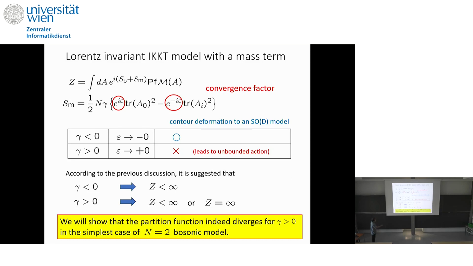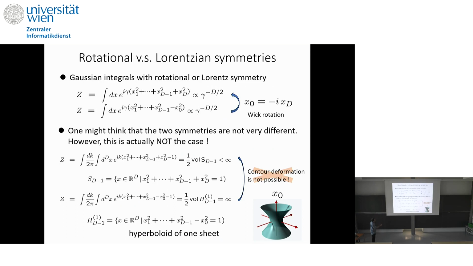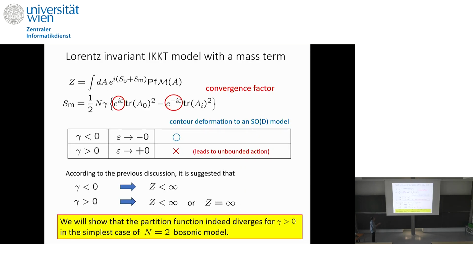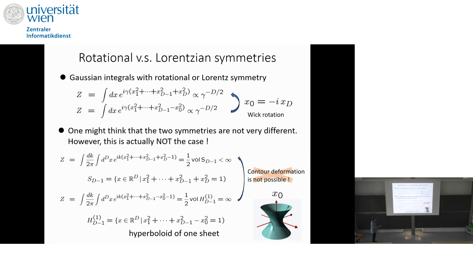But according to the discussions that I showed here, in the case of negative gamma, the partition function should be finite, because in that case, we can make a contour deformation to a rotation symmetric model. But on the other hand, when gamma is positive, this is not possible anymore, and therefore it is possible that the partition function actually diverges, as we have seen here. That is a possible scenario as well.